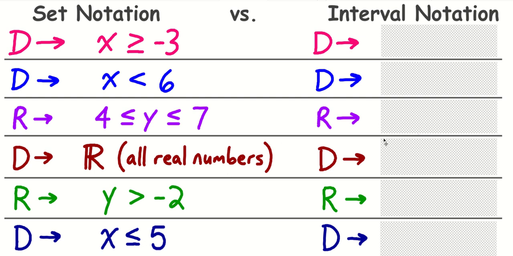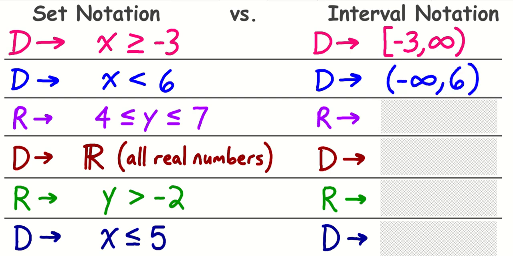Anyway, so let's talk about interval notation. So another way to write this, all x's greater than or equal to -3, is that. This is saying the same thing. This is saying, from -3 to infinity and everything in between. Okay? This right here, domain, all x's less than 6, can be said like this.